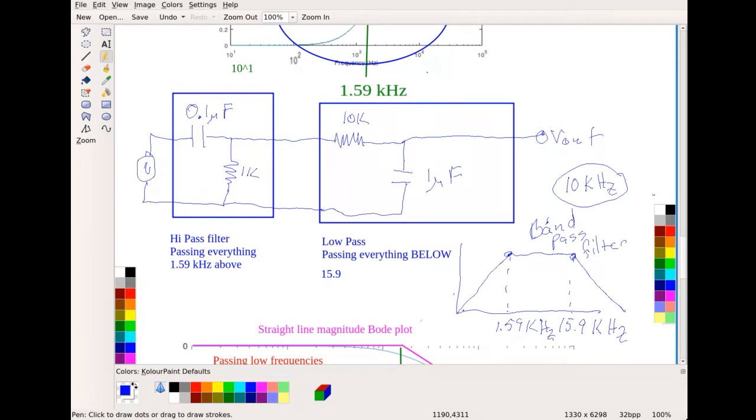Okay, so if you remember, I was actually talking about audio, I think on Monday, and I talked about the range of audio being from 20 hertz to 20,000 hertz. Okay, so this filter here is not quite wide enough to let 20,000 hertz go through.